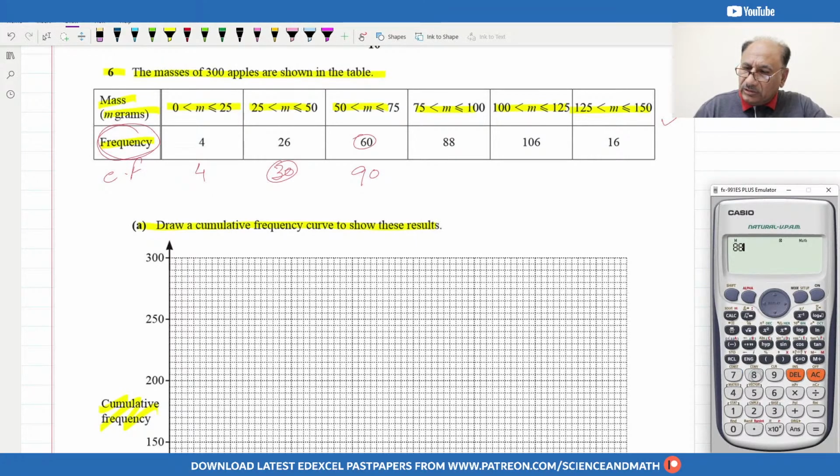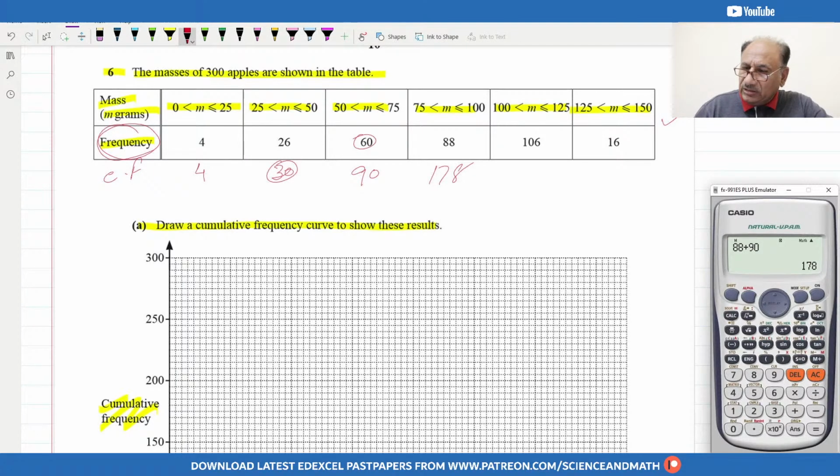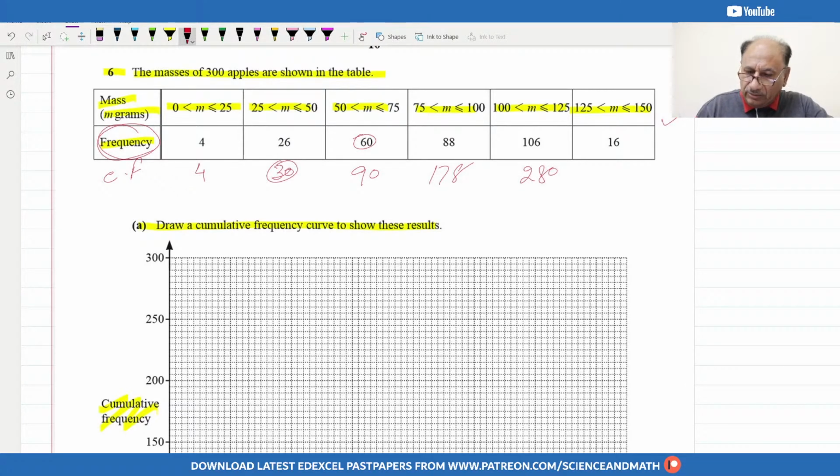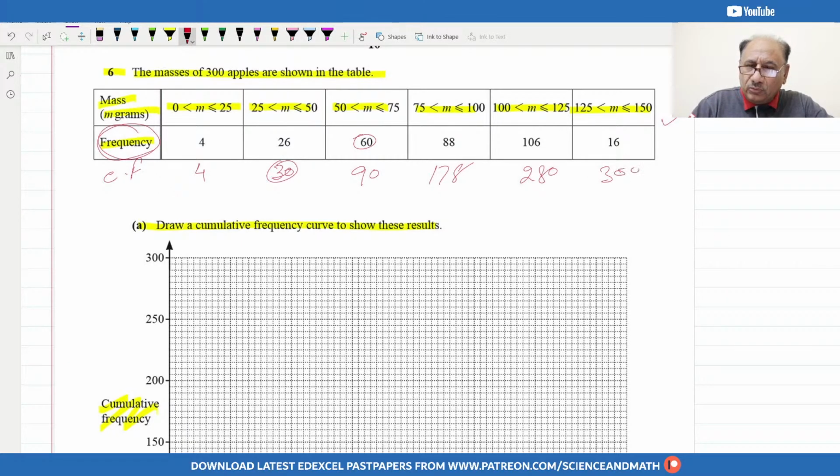So 88 plus 90 will be 178, and 178 plus 106 will be 284. So we are calculating basically cumulative frequency for these classes. So up to 150 will be 300.